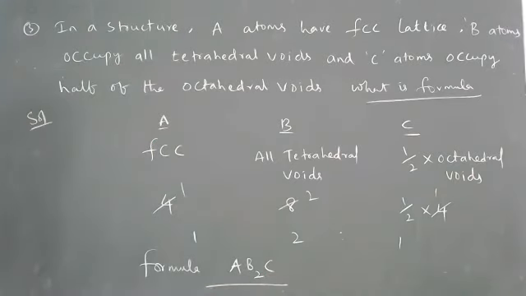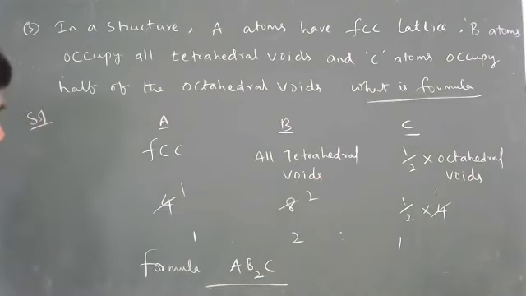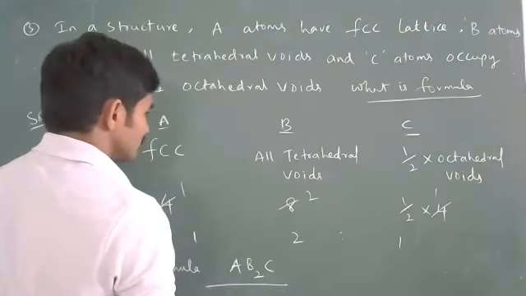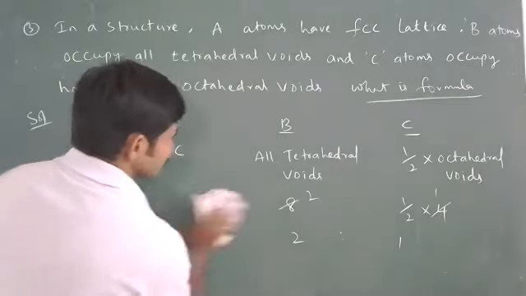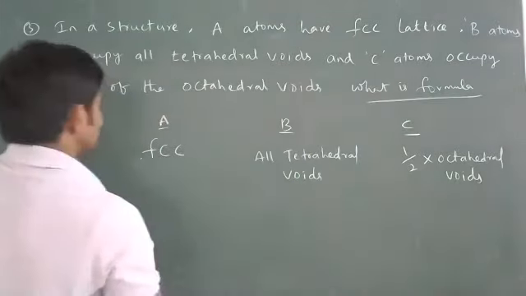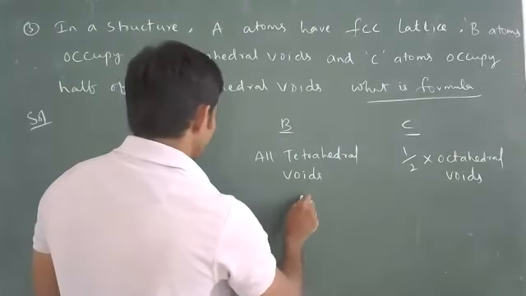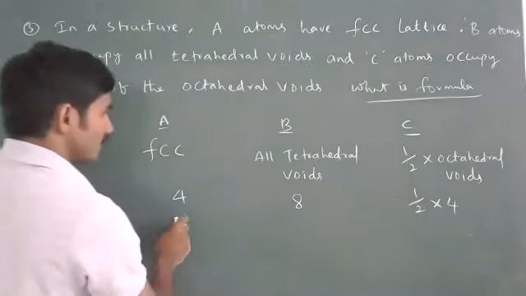A, B to C. Is that clear? Oh, sorry. So I cancelled with... 1/2 I'll get, no? Sorry. So 4, all tetrahedral voids are 8, 1/2 into 4.